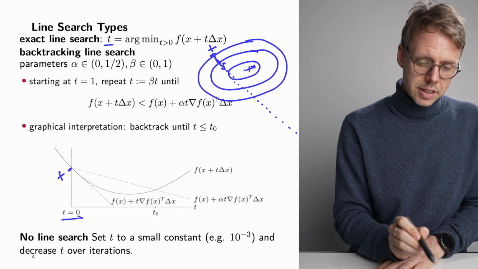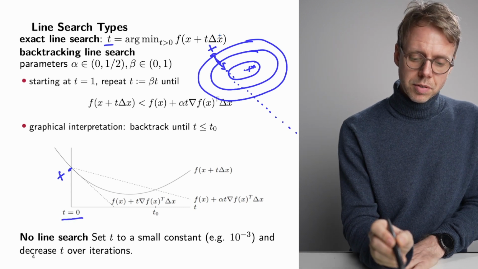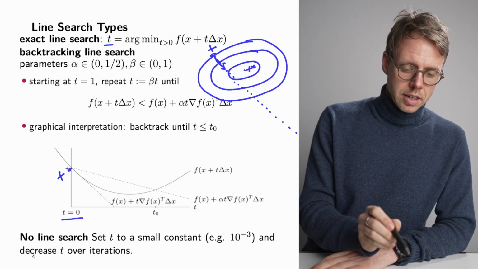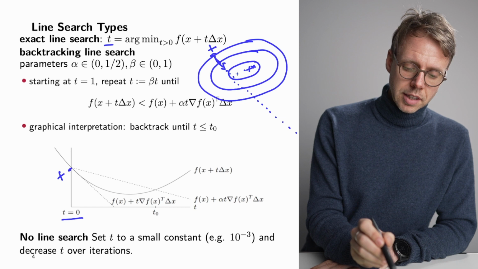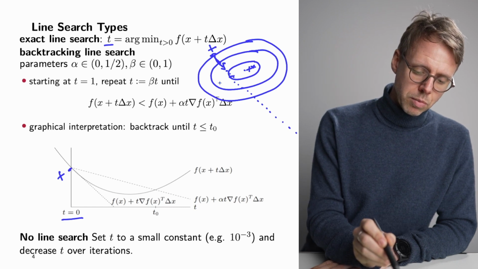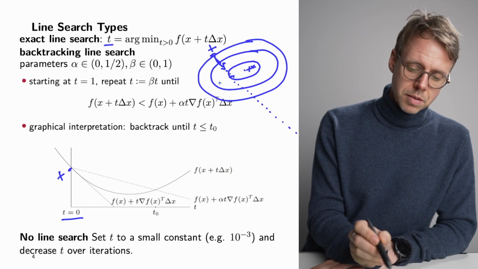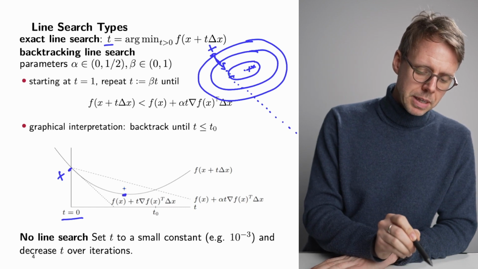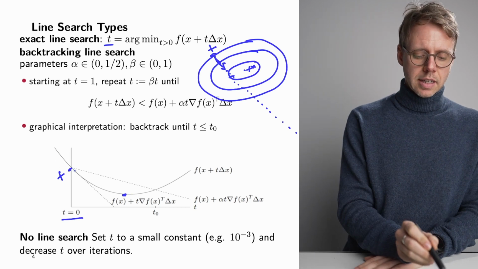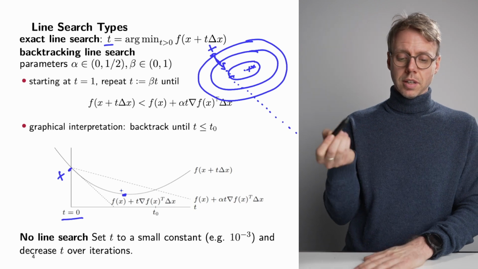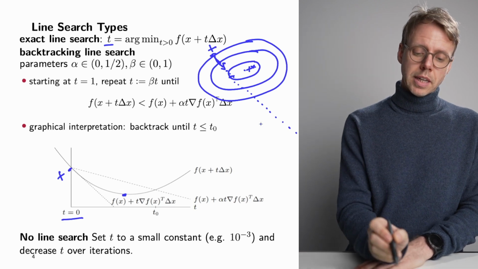So if we set t equals 0, which means that we don't perform an update, we would just stay here. And ideally, you would like to minimize this one-dimensional search problem. So the minimum would be somewhere here. That would be the result of minimizing exactly this line search. So this one-dimensional function that we get along this line.